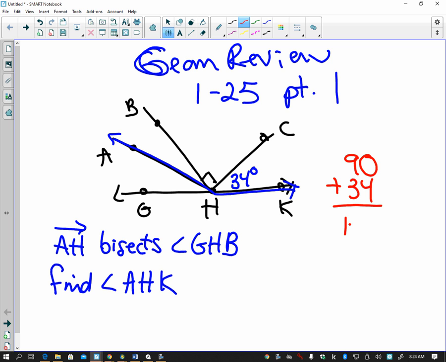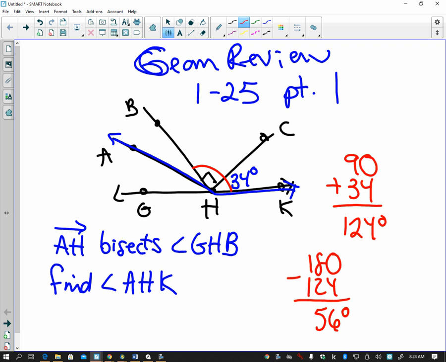So we've got 124 degrees from here to here. We just don't have the whole thing. We know that all of the way across would be 180 degrees, so we can subtract 124 from that. 56. That's going to give me 56 degrees.